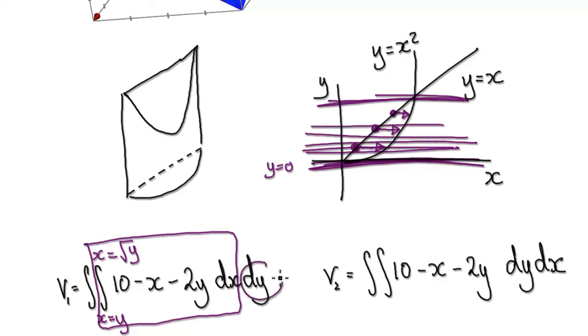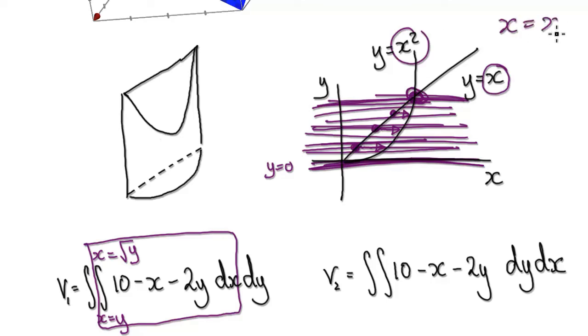So the outer one will always have a constant boundary. It's going to scan along like this, and then it will stop when you get to the intersection of the two. The intersection of the two is when you set this to be the same as this.